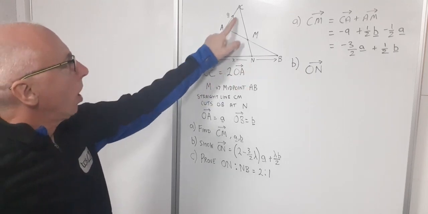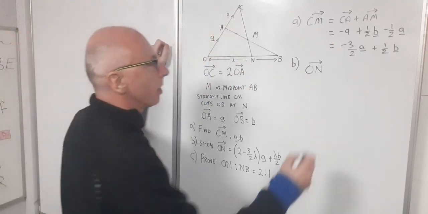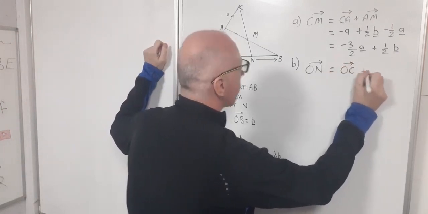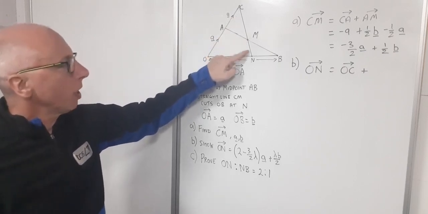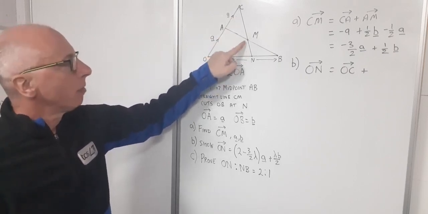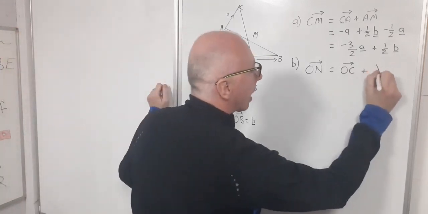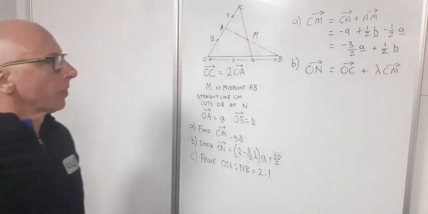Well, we know what O to C is. That's going to be twice the vector A. So that equals the vector OC plus CM. We know what CM is, but we don't know the length of this. But we could call that some constant lambda. So plus lambda times the vector CM.